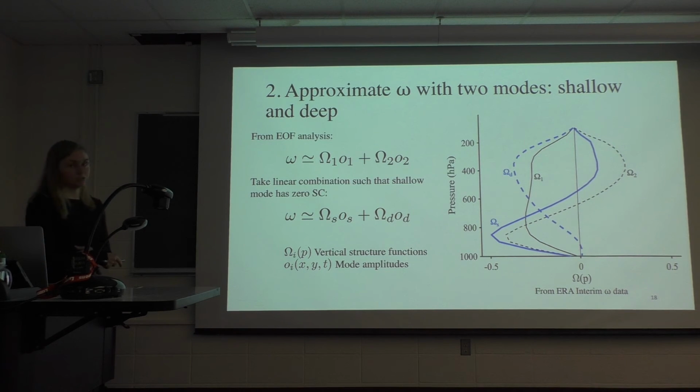So those are our constraints. That's how we get our linear combination of the EOFs, such that we have an approximation for omega that has a shallow mode and a deep mode. Those modes are in blue here when they come out of ERA-Interim reanalysis.